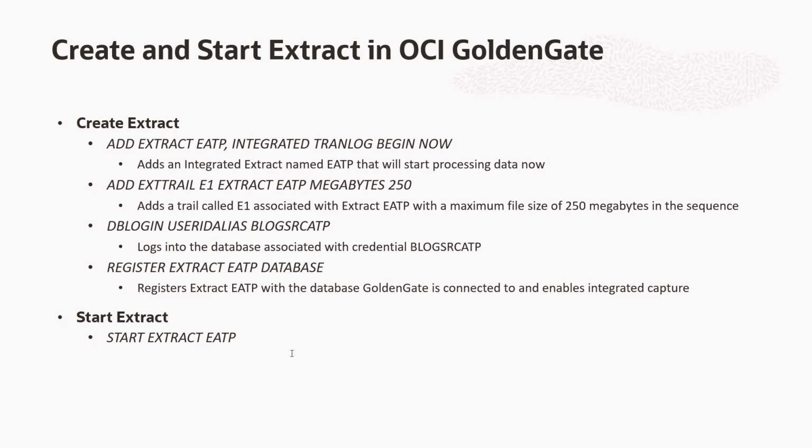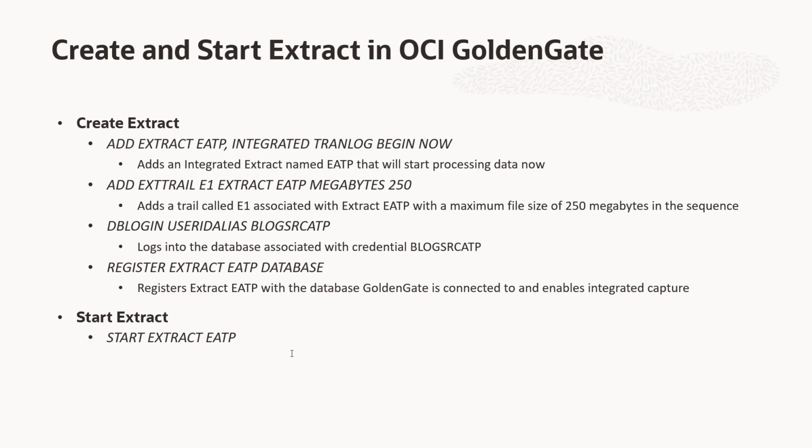This is an optional parameter that you can provide or not, but here I've decided to provide it, and every time there is more than 250 megabytes of change data, a new file will be created, and then there is an automated rotation that you can configure where you can rotate through multiple trails. So the command is add exttrail e1 extract eatp megabytes 250.